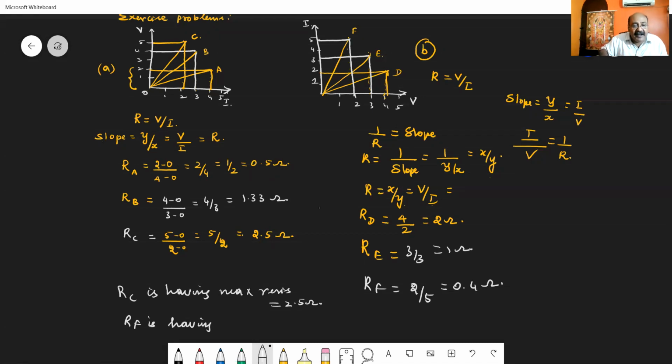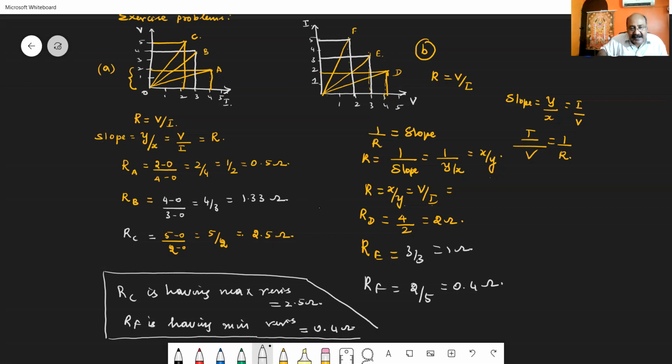RF is having minimum resistance, which is equal to 0.4 ohm. Okay, clear? So I can say RC is having the maximum resistance and RF is having the minimum resistance. புரிஞ்சுதாடா? Yes, sir.